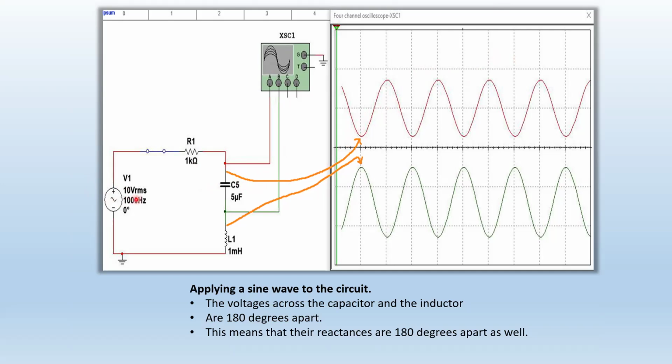Here is a 10 volts RMS, 1000 hertz, so 1 kilohertz signal going on, a switch, a resistor just to limit the current, and we have in series a capacitor and a coil. All right. So the voltages across those two are going to look like this.